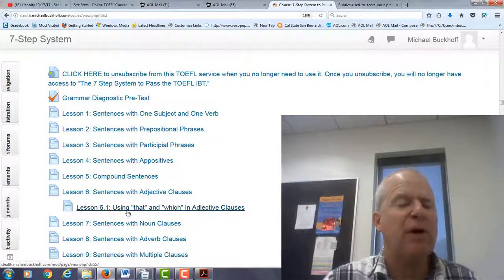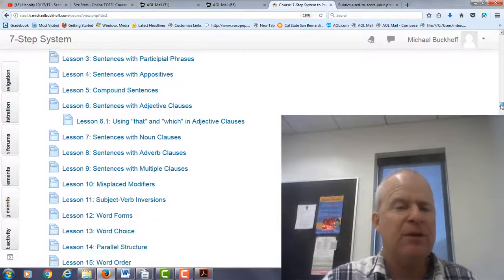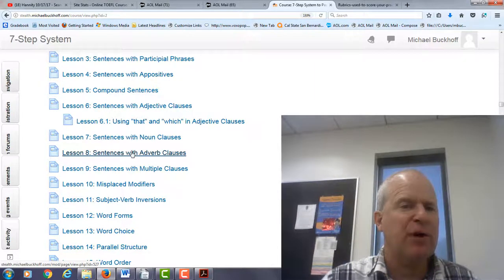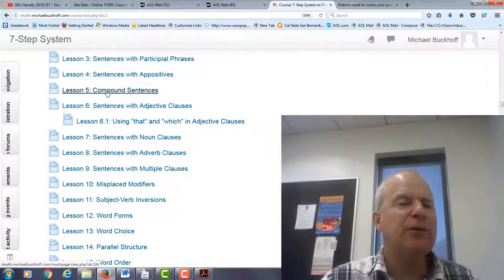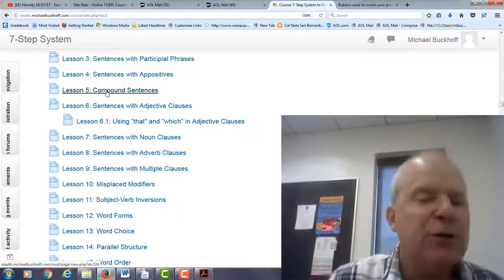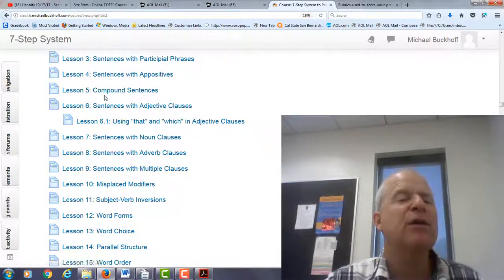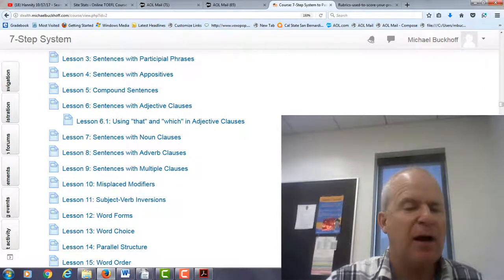Lesson 6.1, that and which. I think that's going to be important. Understanding how to use adverb clauses, lesson number 8, and then understanding how to use compound sentences, lesson 5. Remember, you tried to mix 2 different kinds of sentence structures together, so make sure you understand those 2 lessons so you don't do that.